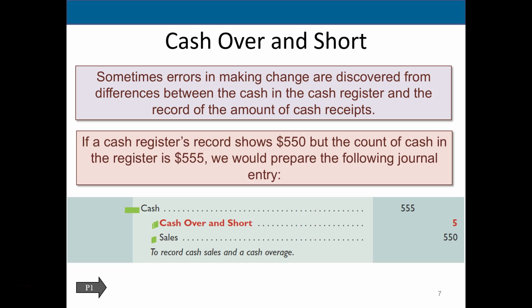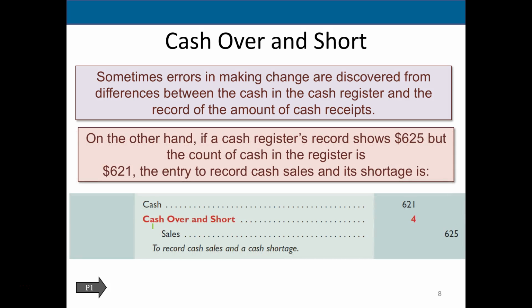Hopefully this over and short is small and therefore immaterial, so it's not going to have a huge effect on our numbers. Obviously, if it's a large amount, we're going to have to look into it and see what's causing this over and short account. Sometimes the difference can go the other way, of course.